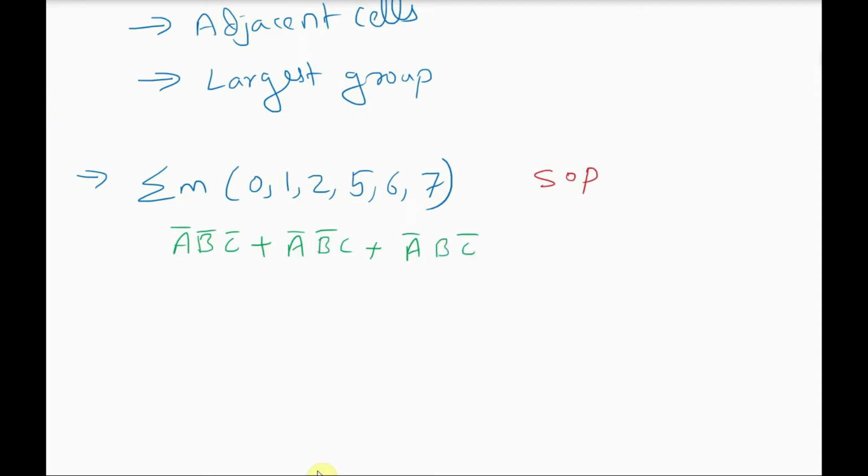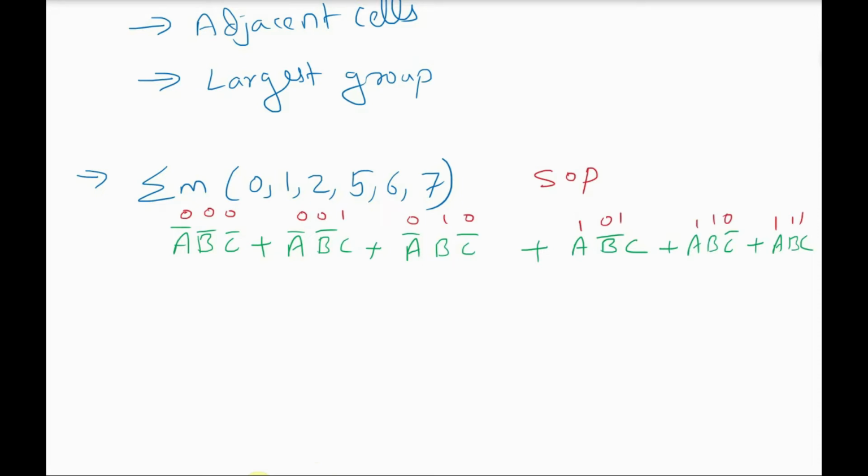If we need, we can write the corresponding binary number also, that is 0 is 0, 0, 0, 1 is 0, 0, 1, 2 is 0, 1, 0, plus 5 is a, b bar, c, that is 1, 0, 1, plus 6 is a, b, c bar, that is 1, 1, 0, and finally 7 is a, b, c, that is 1, 1, 1.